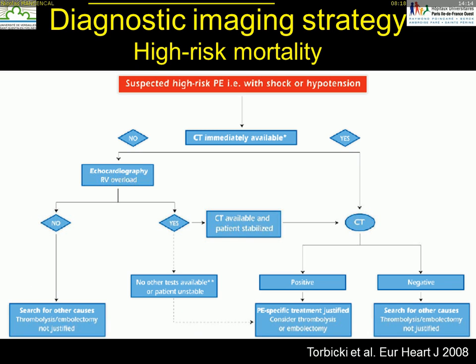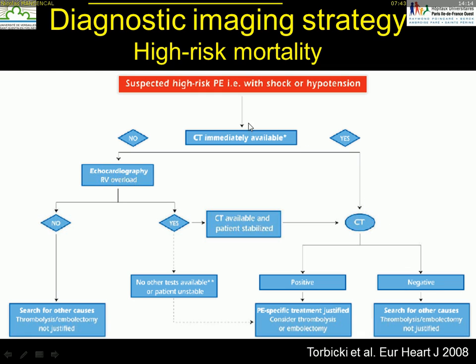Why is it so important to perform this classification? Because the diagnostic imaging strategy may differ between patients presenting with a suspected high-risk PE and a suspected non-high-risk PE. In case of suspected high-risk PE, defined as a shock or hypotension, do immediately a CT scan, if it's possible. Positive, this is a pulmonary embolism. Negative, no PE.